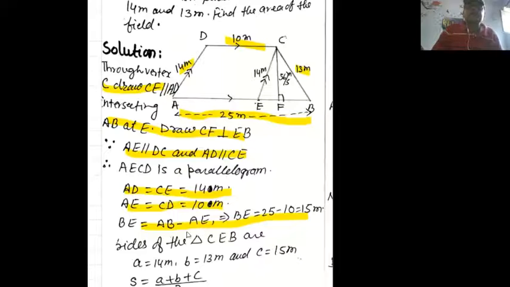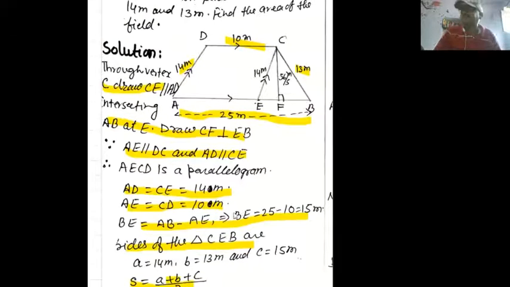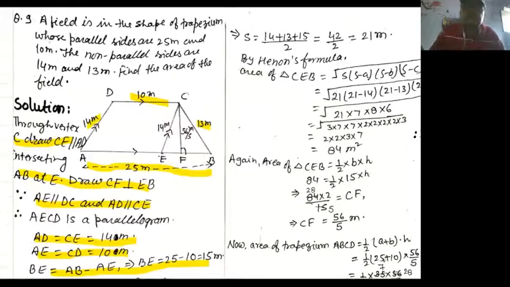In triangle CEB, s equal to (a plus b plus c) upon 2, we get s equal to 14 plus 13 plus 15 by 2, that is 21 meter.